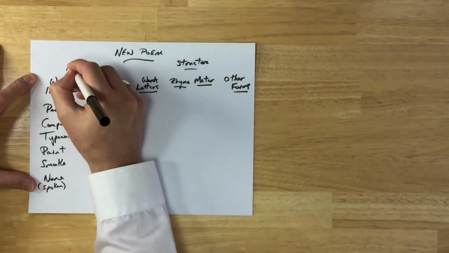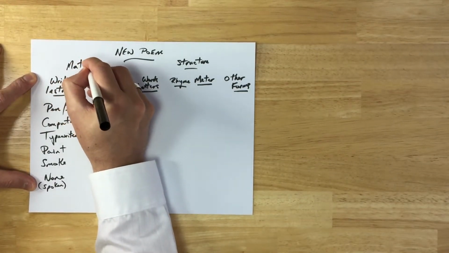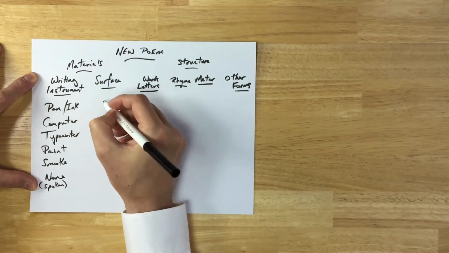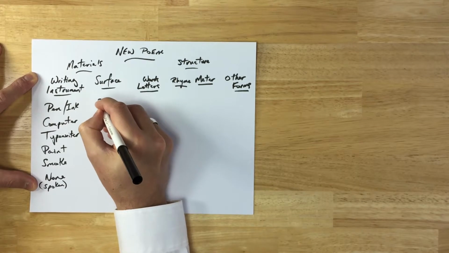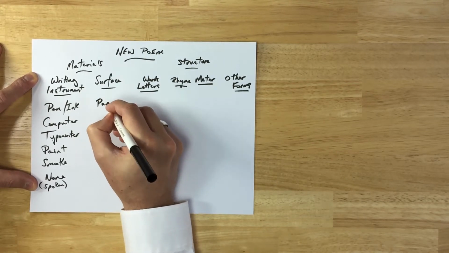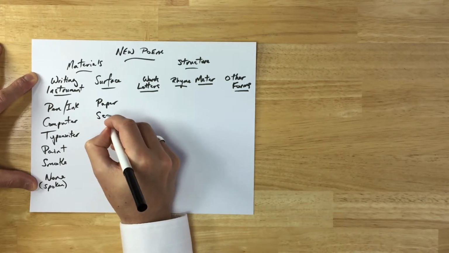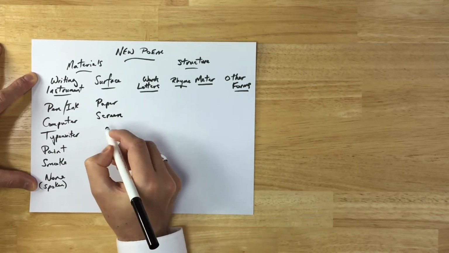You might have a list for other forms of expression. Then, you can come up with elements for each category. For writing instrument, some options might include pen, ink, computer, typewriter, paint, smoke, none if it's a spoken piece. For surface, you might have paper, screen, sidewalk, wall, side of bridge, air.